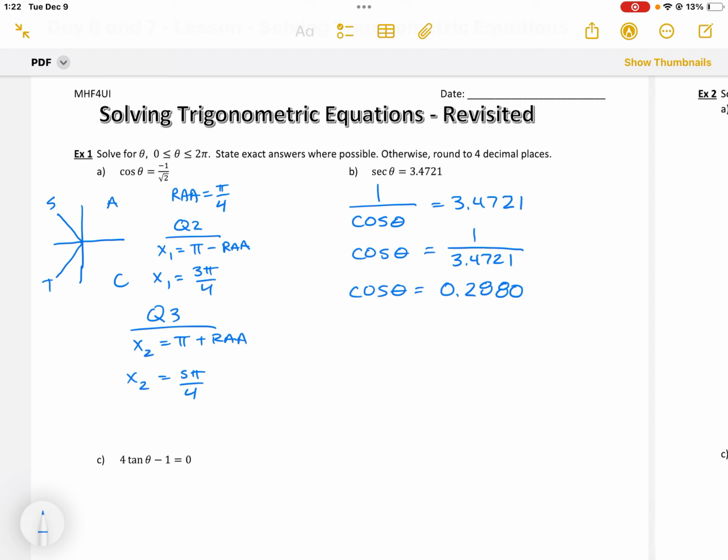Now it looks like the equations that we were solving before. My cosine ratio is positive. So that means I could have solutions in the first quadrant or in the third quadrant. I need to figure out my related acute angle by taking the cosine inverse of the positive version of my right-hand side. When I do that, I get 1.2787.